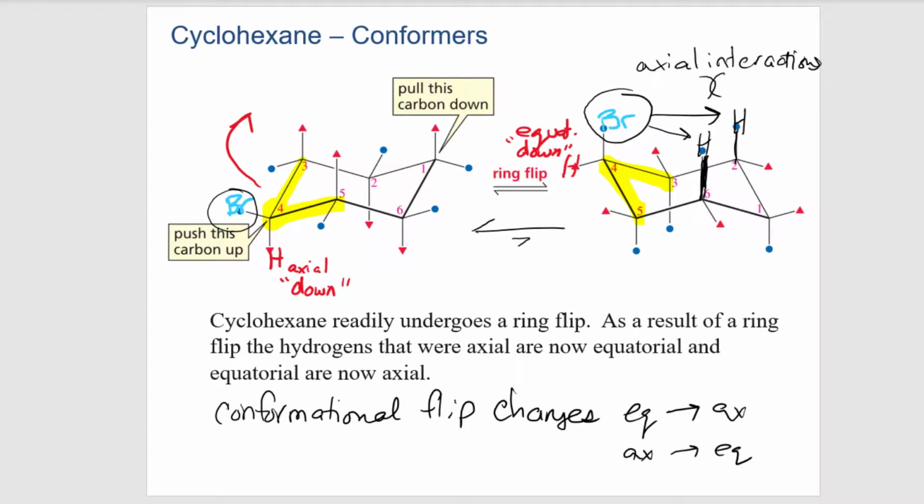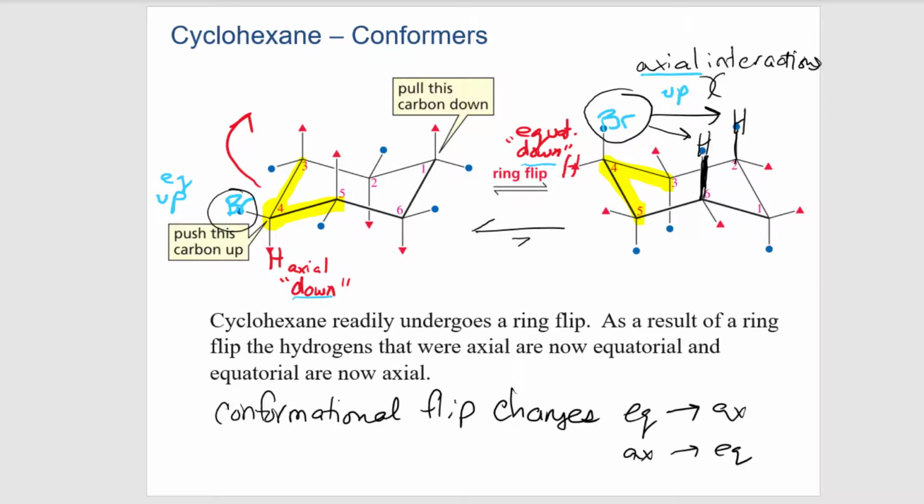So what I also want you to notice is that the position always changed. Equatorial became axial and axial became equatorial. But did you notice that the group itself, the up nature of it or the down nature of it, never changed? So the hydrogen was axial down in the beginning, and it switched to equatorial down. Bromine was equatorial up relative to the other group on the carbon. It's up relative to the hydrogen, and then it switched to axial up.